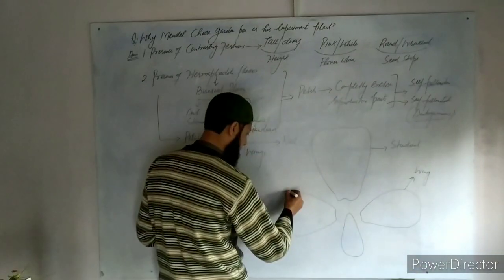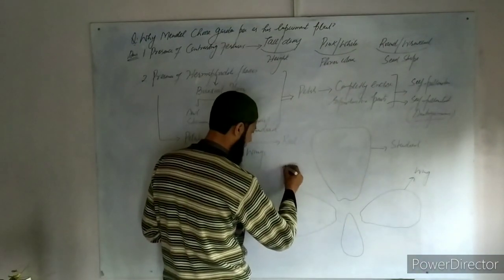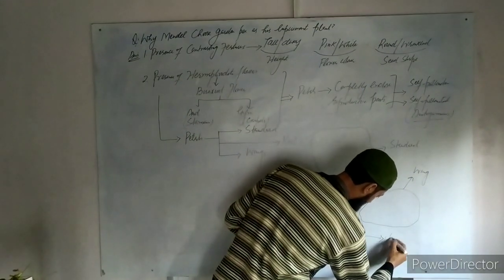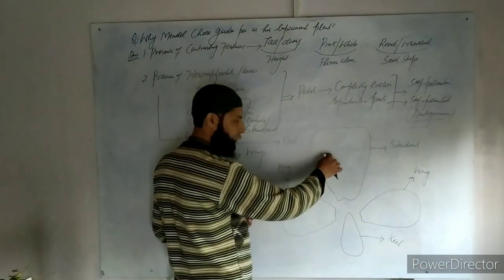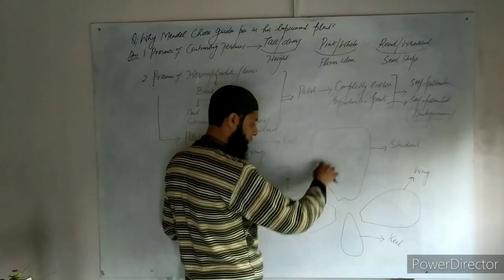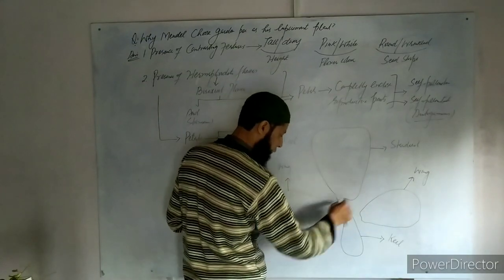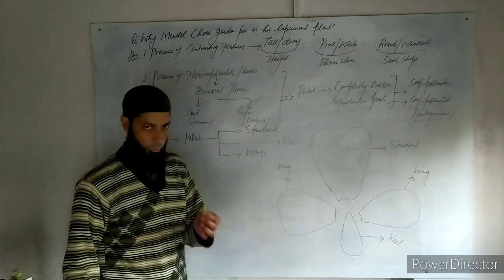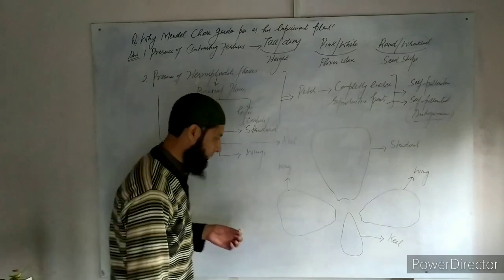You have a wing, and then you have a wing. Then it's a tube-like structure called the keel. The standard is outermost, and inner to this are the two wings. Inner to the two wings you have another one, that is the keel. I will show you practically.